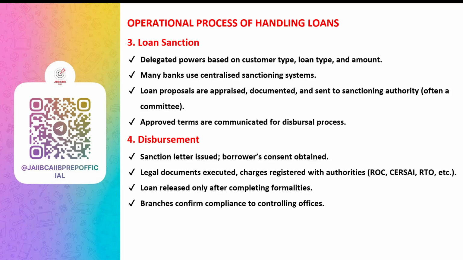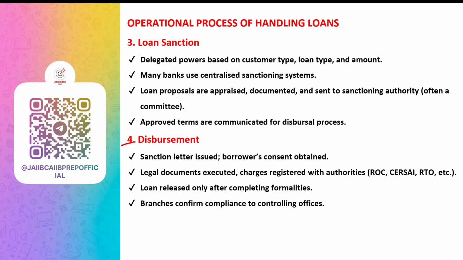Each bank has sanctioning powers at different levels depending on the amount, customer, and type of loan. Higher value loans are often sanctioned by loan committees instead of individuals. And if approved, the bank issues a sanction letter, detailing the loan and the conditions.